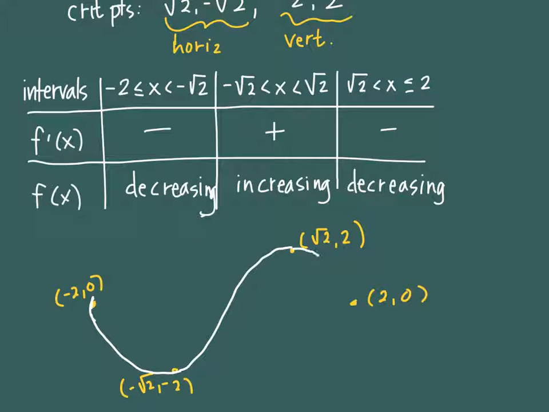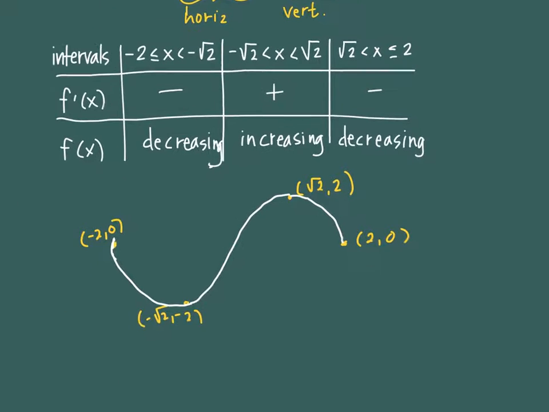And then I come decreasing again and hit a vertical tangent back at my end point. That looks an awful lot like part of a sine graph. Now it's not, because we know the original function wasn't a sine graph, but it kind of has that general shape. And you can clearly identify what each of these points are here.